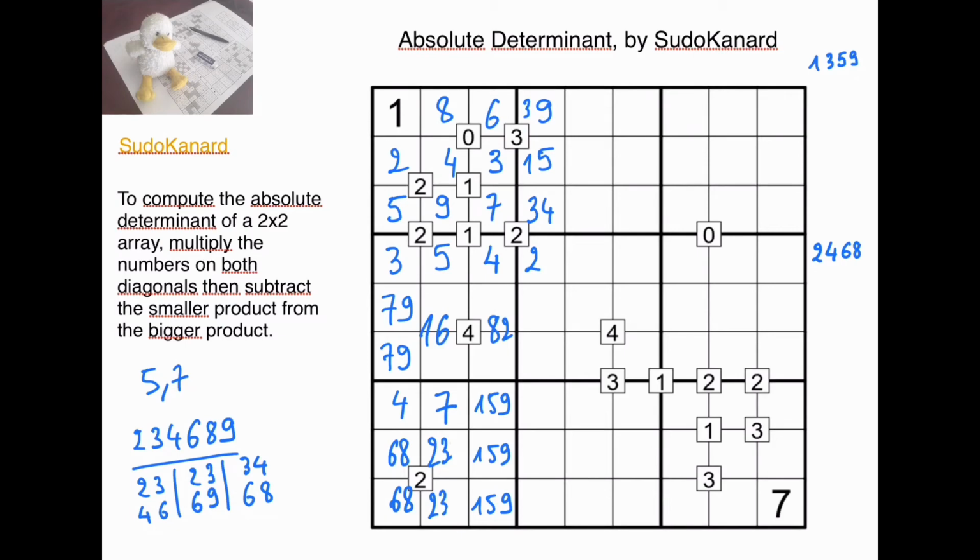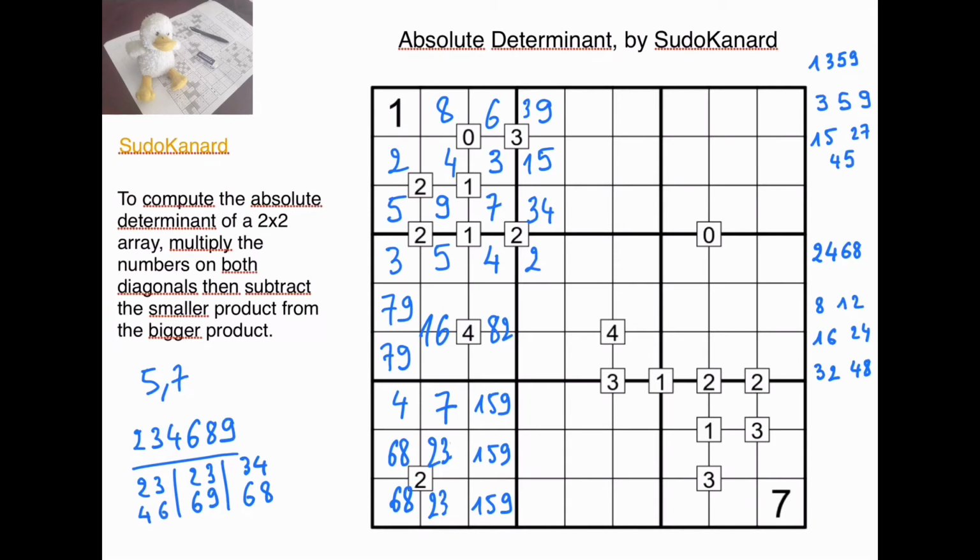Now let's have a look at the available products. The available odd products are 3, 5, 9, 15, 27, and 45. The available products with even digits are 8, 12, 16, 24, 32, and 48. And now we must group them in the cases where they have a difference of 1 or 3.